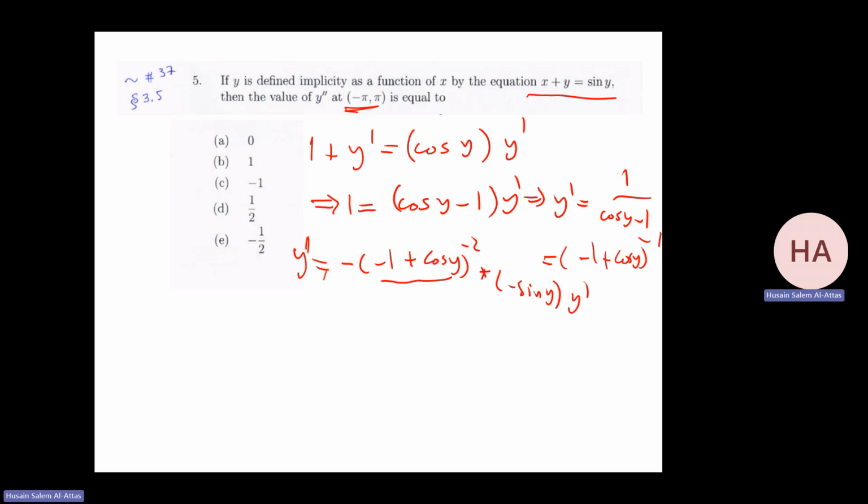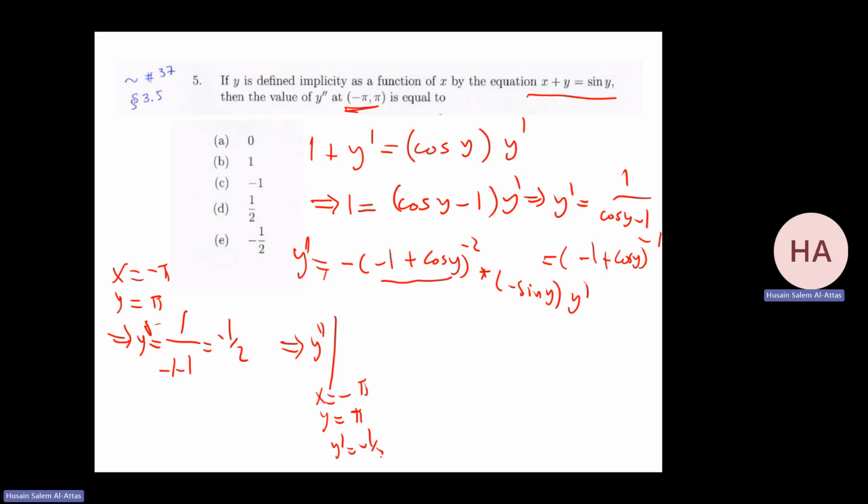The same thing which we did before. I have x equals minus pi, y equals pi. What will be y prime? Just substitute here. It will be 1 over cosine pi minus 1, which is minus 1 minus 1. That will be minus half. So y double prime at x equals minus pi, y equals pi, y prime equals minus half.